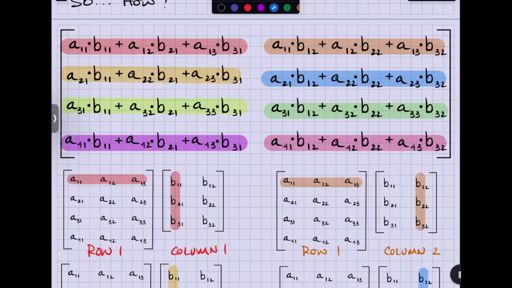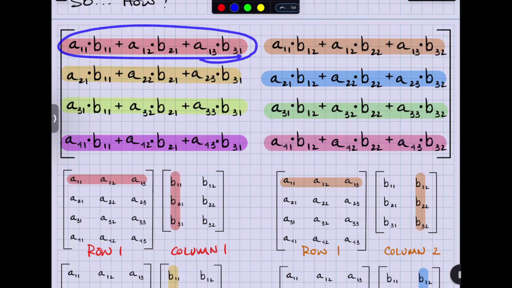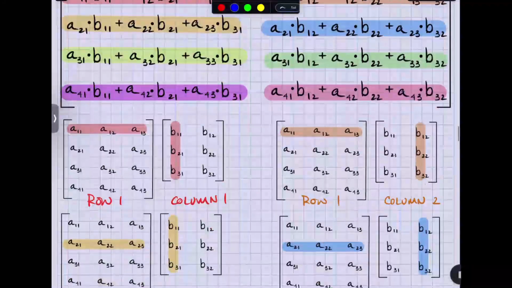You agree with me that this right here, if I was to look at regular matrices, would be A11. Row 1, column 1. Guess what I just did?